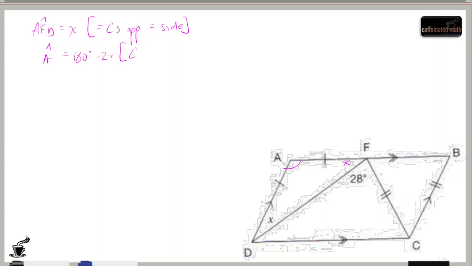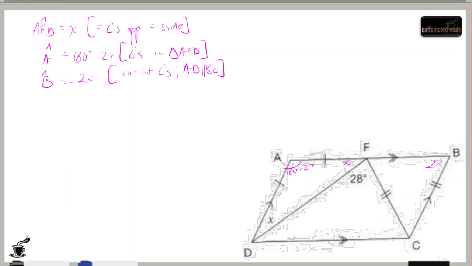Well, that's just the sum of the angles in a triangle, in this case triangle AFD. That would make angle B, like we did in the previous slide, equal to 2x. Remember, this is 180 minus 2x. And why can I say that? Well, because they are co-interior angles between the parallel lines AD and BC.